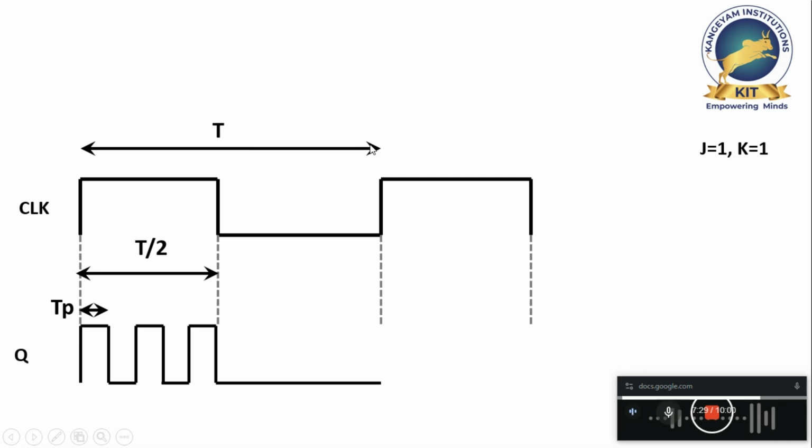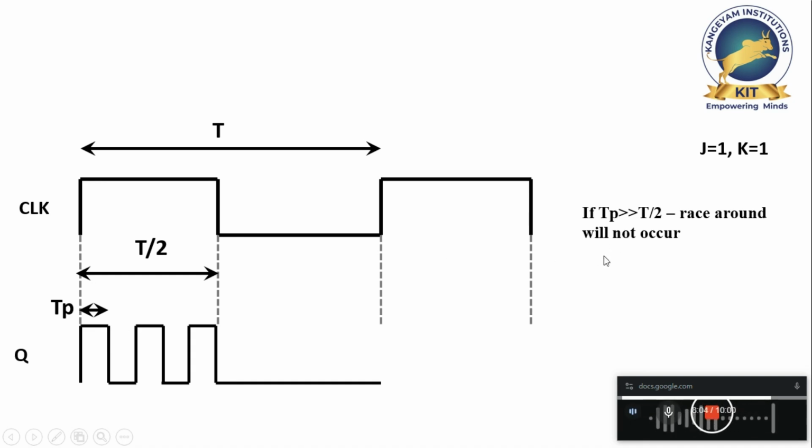This is the time period of the entire pulse, which is noted as T. Half of that on time will be T by 2. And assume this time period we call the propagation time, which we note as Tp. The solution for this problem is, if Tp is greater than T by 2, that means the clock pulse should be much shorter than the propagation time, then this race around condition will not occur.